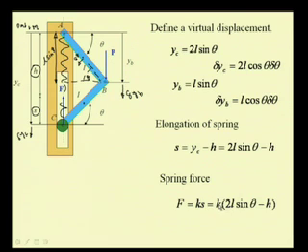So we get it as K times (2L sin theta minus H). This is the force that acts at this point C for this particular configuration.